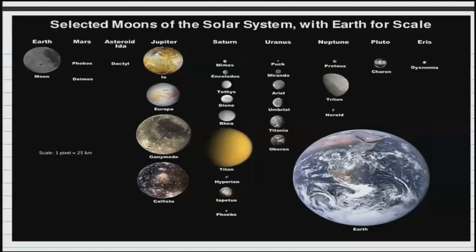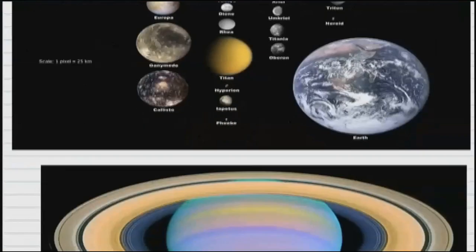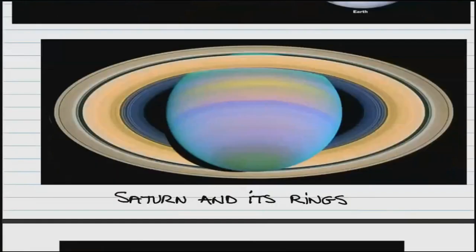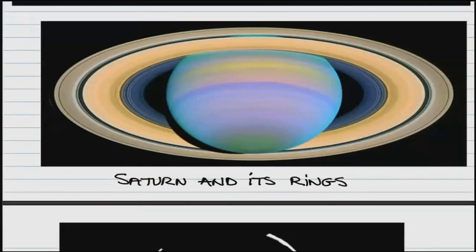Now, Saturn has spectacular rings. This is a recent photograph of Saturn and its rings by a probe called Cassini, named after this gap in the structure of the rings of Saturn called the Cassini division. Galileo was able to see that Saturn has this fuzz around it. He didn't know that they were rings.